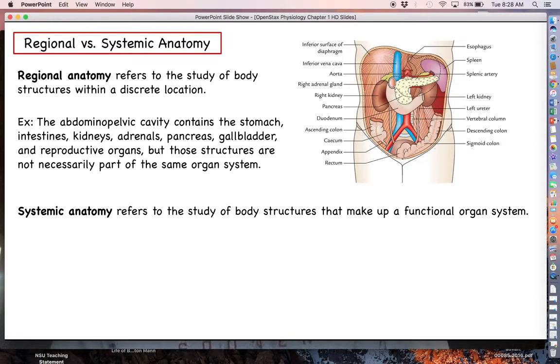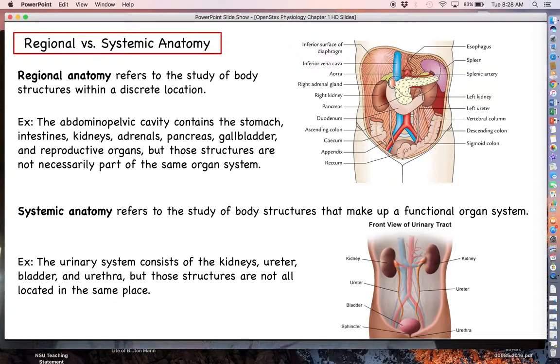Systemic anatomy and physiology refers to the study of body structures that all together make up some functional organ system, so we can be confident that they all work together very closely. An example would be the urinary system, which consists of the kidneys, the ureters, the bladder, and the urethra.